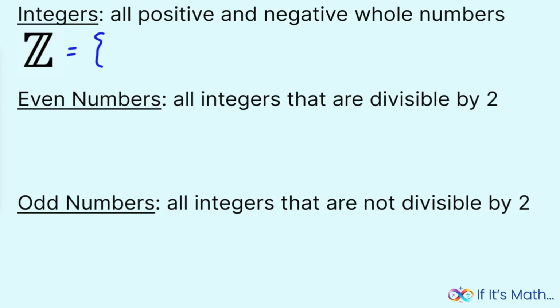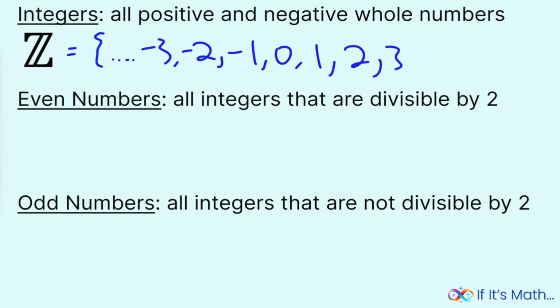So Z is going to be all the numbers before it, -3, -2, -1, 0, 1, 2, 3, and so on forever. So again, just positive and negative numbers. So most of the time when people talk about numbers, they're actually talking about integers, even if they don't realize that's what they're saying, because these are the numbers that we use every day of our lives. We use negative numbers, we use positive numbers, but fractions and decimals aren't what a lot of people think of with numbers.